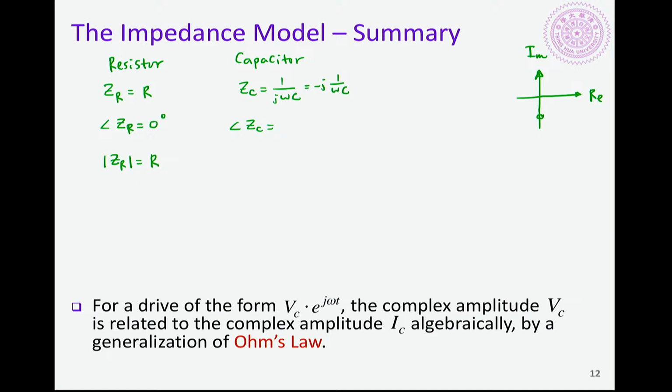So it's in the negative y-axis。好，所以负 j 是在这个地方，所以是负90度，OK? So the angle, the phase of a capacitor is equal to minus 90 degrees, and its magnitude is equal to 1 over omega c.